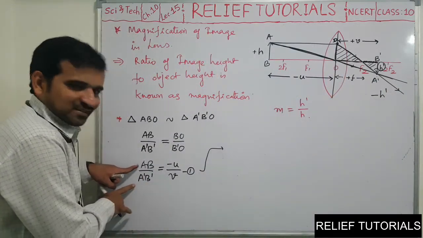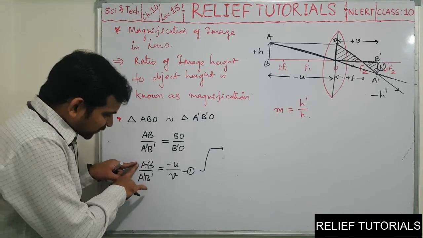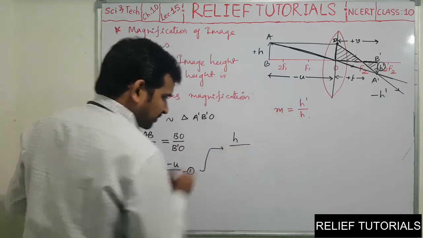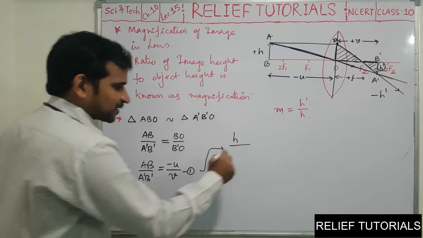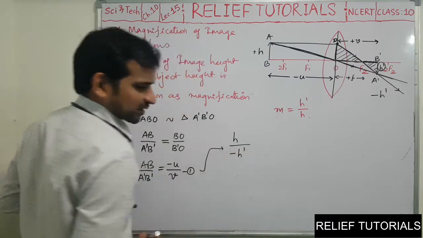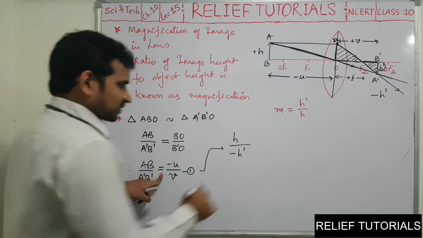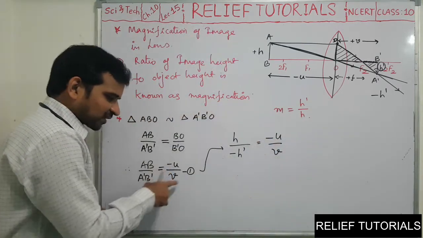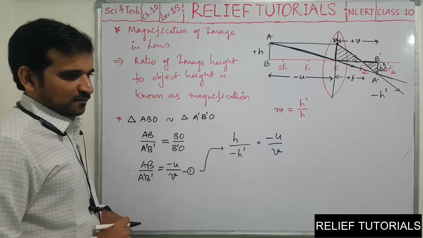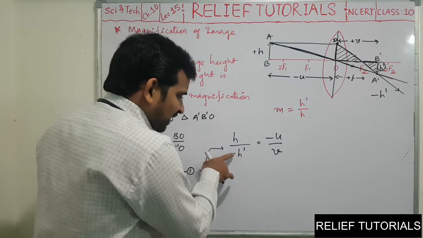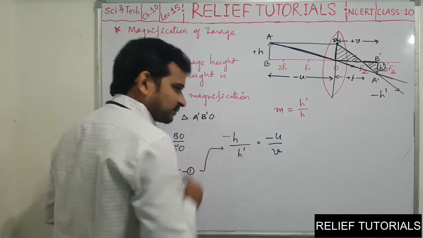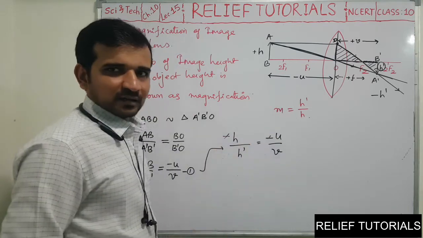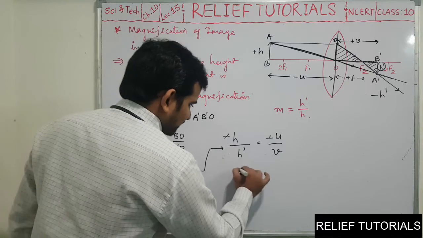So now modify this result. In place of AB we are writing H. So H by A dash B dash means it is minus H dash, is equals to minus u by v. Here already we have used the sign conventions. Now, can I place this negative sign in the numerator? Yes. Minus signs are cancelled. Then what left?